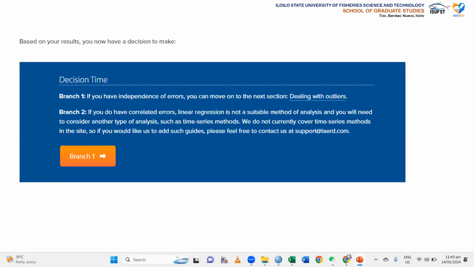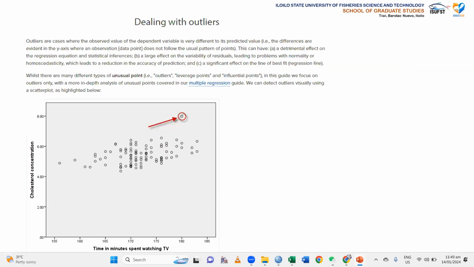But again, no, there are some instances that outliers would occur like this. That's why looking at the data alone, no, by visual inspection, you might see that some data might be off. So we can detect outliers visually using a scatter plot, just like what we did earlier.